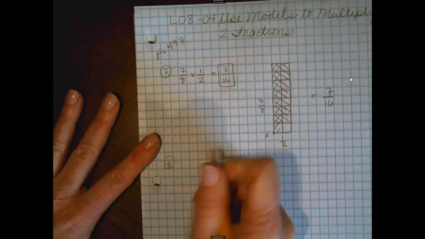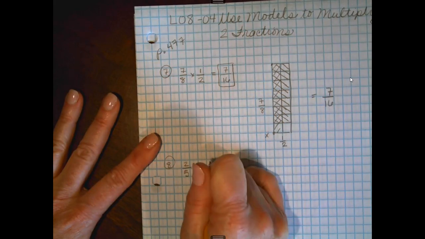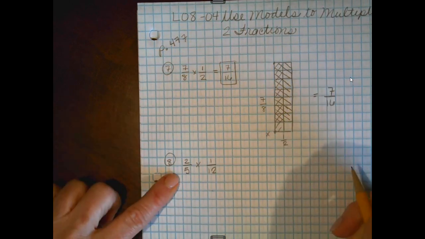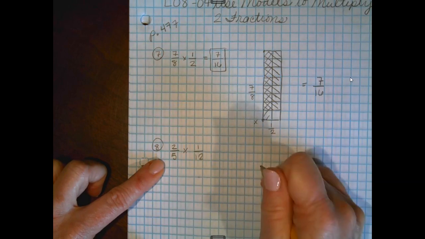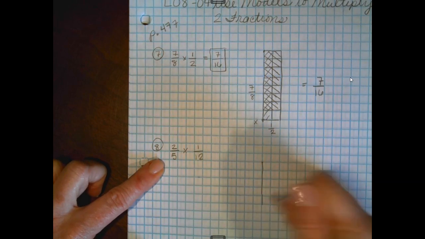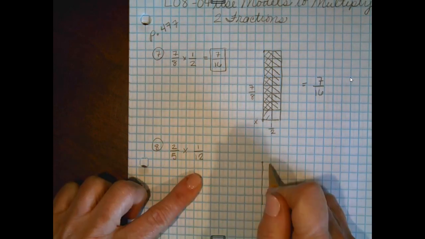Number 8, we're going to multiply 2/5 times 1/12. All right, so the first factor is broken into fifths. So what that means for me is that I need 1, 2, 3, 4, 5 rows, and I need 12 columns.